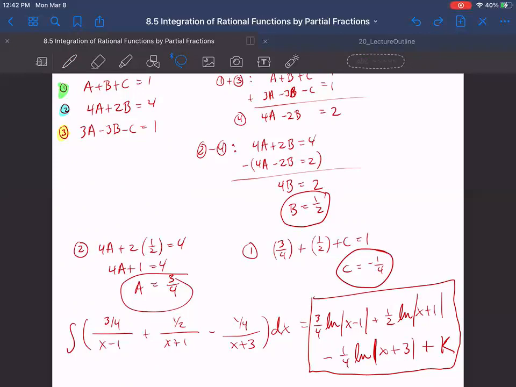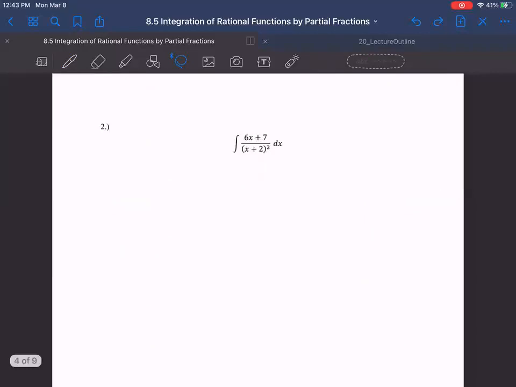Or do you want to combine all the natural logs into one natural log? No, you can leave it like that, because I already used a C. Right, get that C up here. Okay.